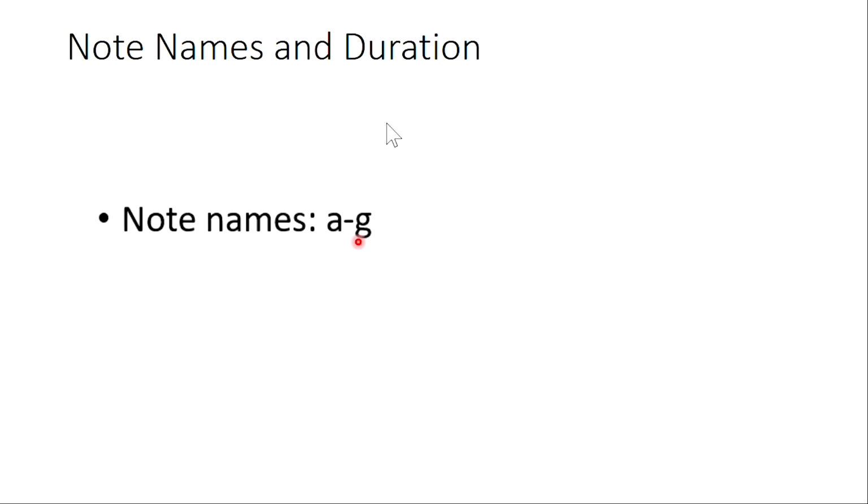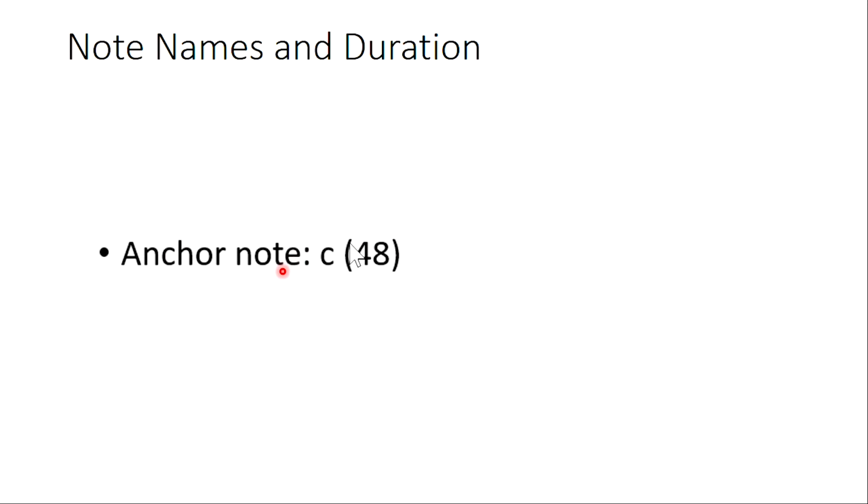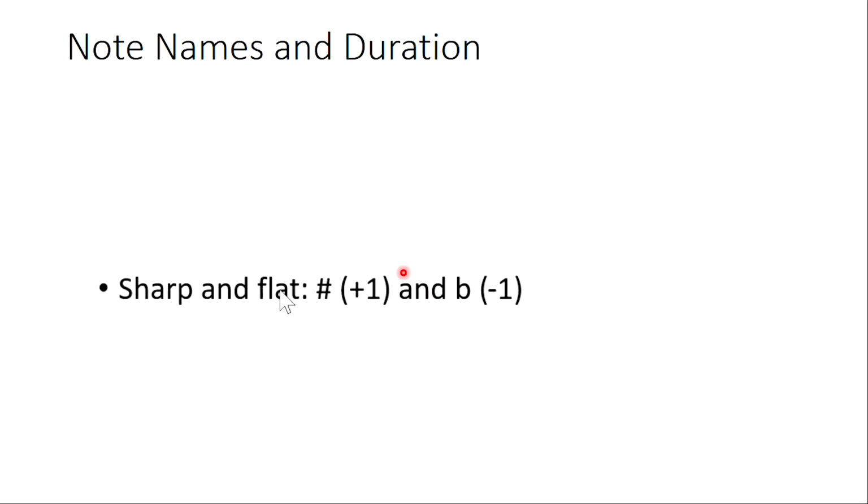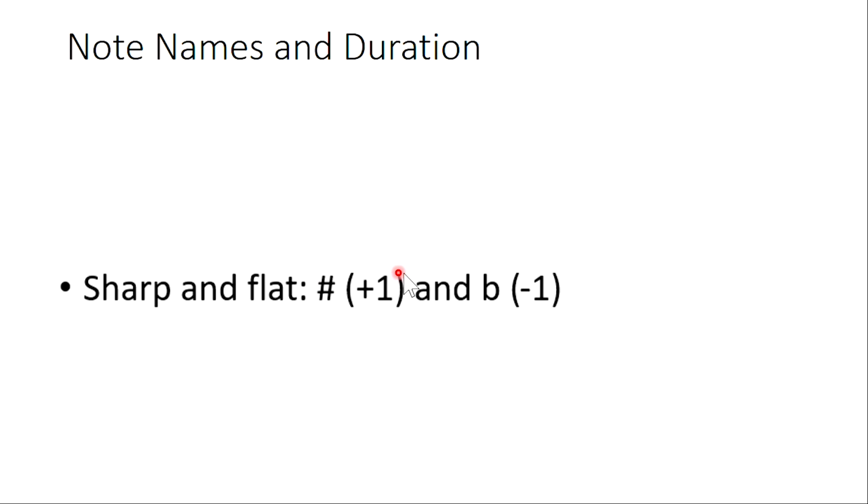The note names start from A, B, C, D, E, F, G, and all lowercase. The anchor note we set is C equal to pitch 48, and that is actually C2, not the middle C, but the one an octave below middle C. Sharp and flat: a hash or pound sign represents sharp, which increases the pitch by 1, and b represents flat, which decreases the pitch by 1.